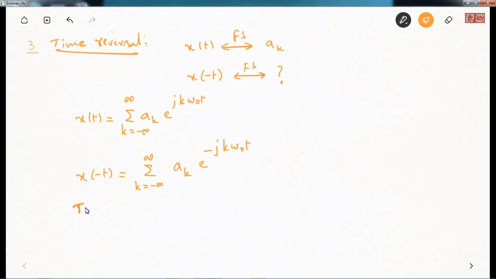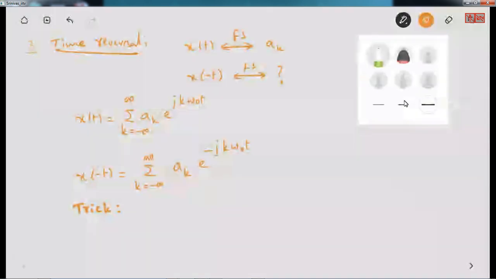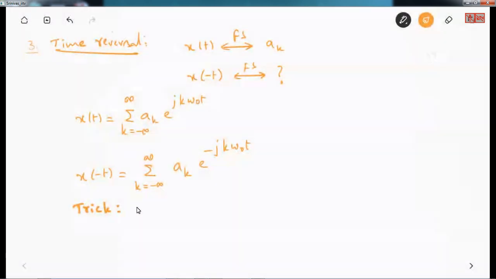We'll do a simple trick, which is to put k equal to minus m, where m is another dummy variable. So what happens if we do that? x of minus t is equal to the summation of a of minus m e power jm omega naught t.